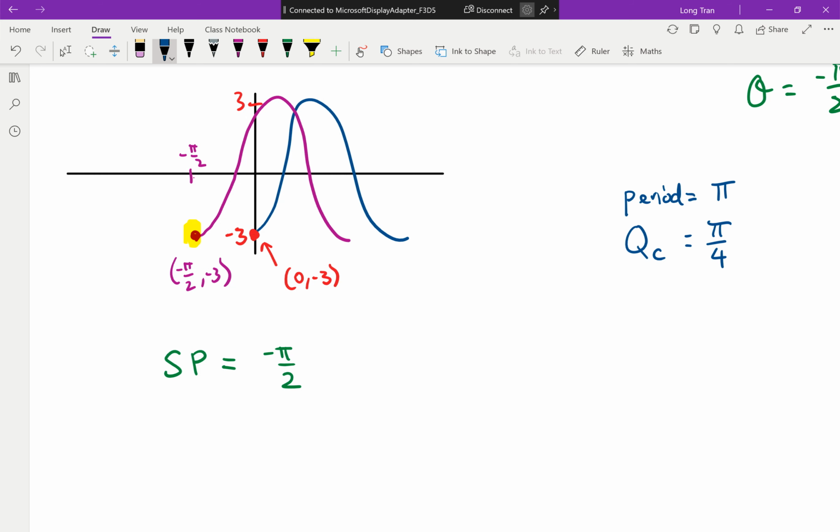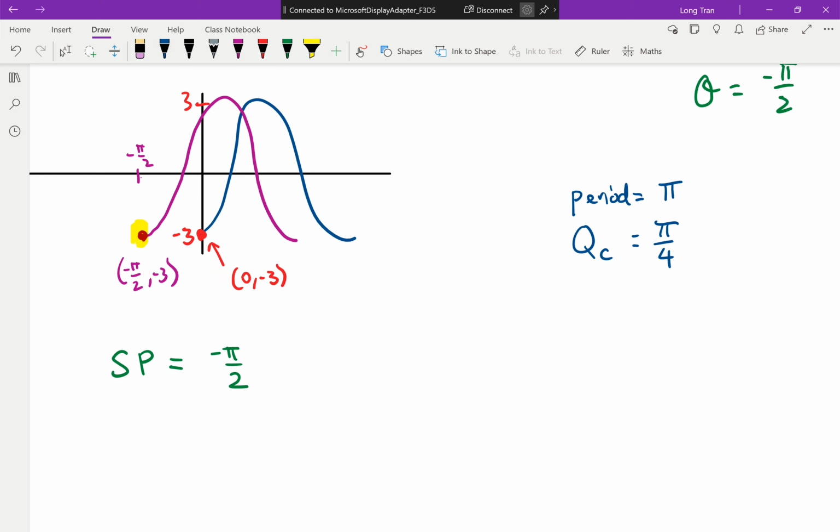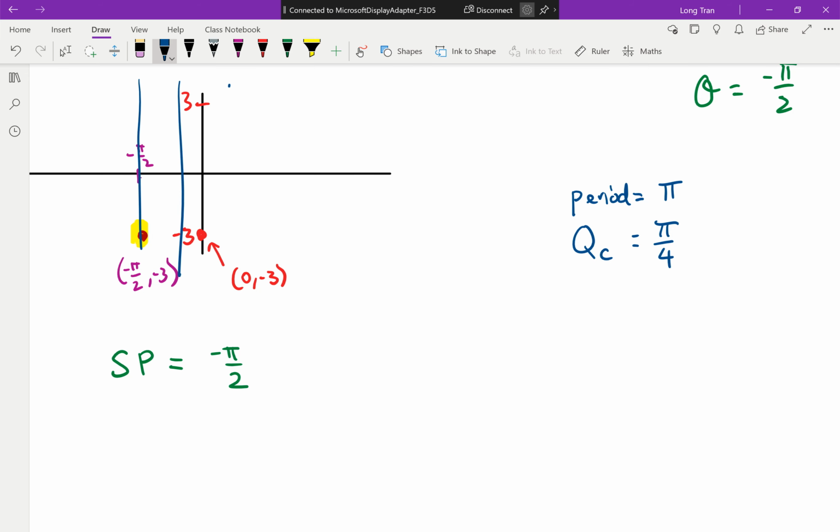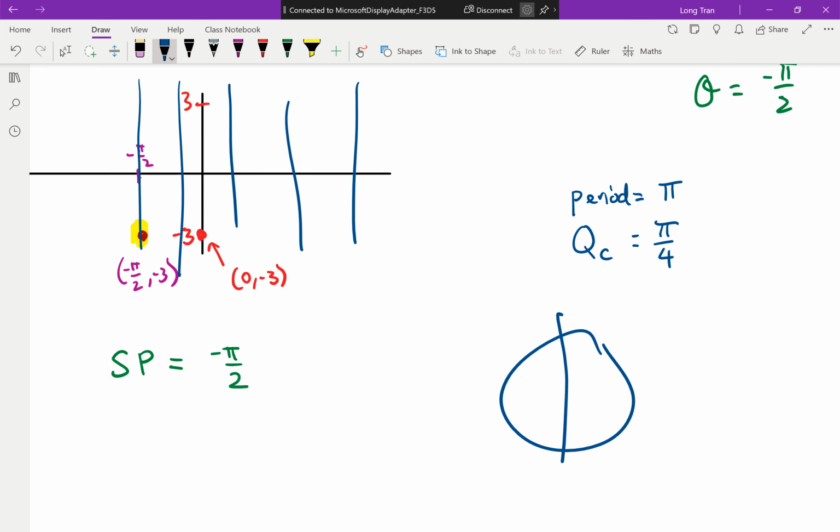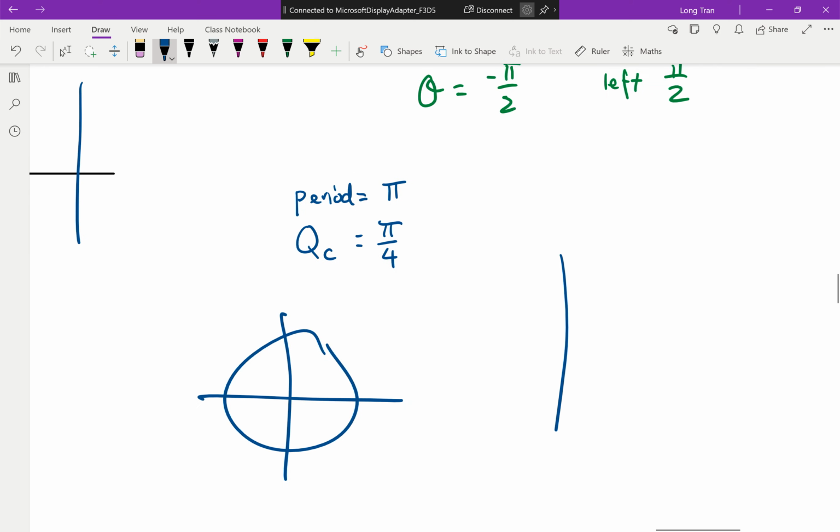So what that means is, and I'm going to rub this out for now, you've got quarter cycles. I'm just going to draw lines. Every quarter, on your unit circle, you're moving from 0 to maximum to 0 to minimum to 0. That's what I want you to follow. If you think about a cos graph normally, this is what a cos graph normally looks like. The quarter cycles work like this.